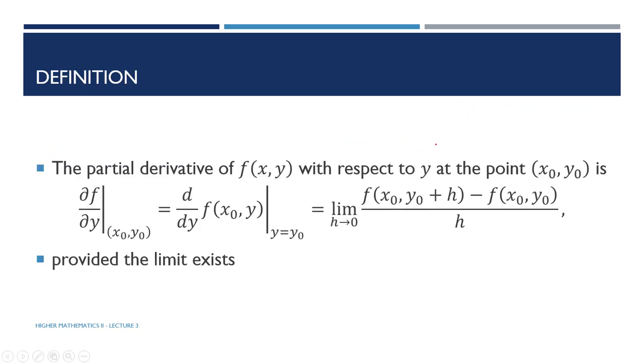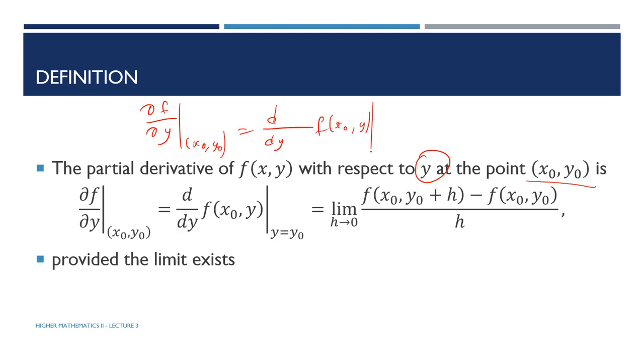The partial derivative of f of x, y with respect to y at the point x0, y0 is this expression. Again, a similar expression: ∂f/∂y at x0, y0 equals d over dy of f of x0, y at y equals y0, which is the limit as h tends to 0 of f of x0, y0 plus h minus f of x0, y0, over h.